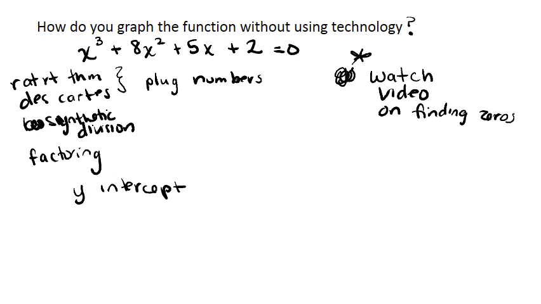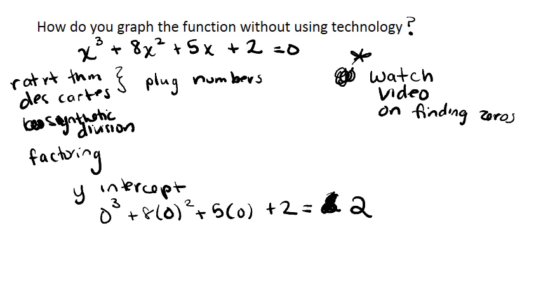So to find the y-intercept, I would make x equal to 0. So I'll just use this problem for an example. 0 cubed plus 8 times 0 squared plus 5 times 0 plus 2 gives us 0 plus 0 plus 0, just 2. So our y-intercept is the point 0, 2.